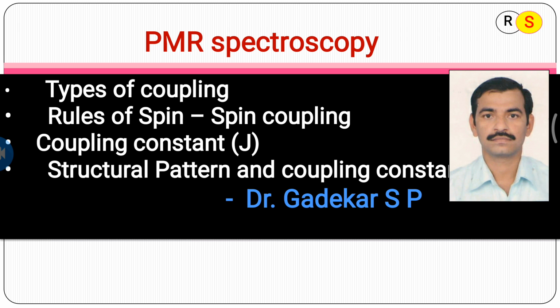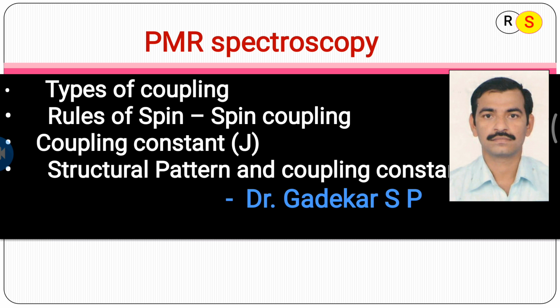With one neighboring group, the splitting pattern is a doublet. If two neighboring groups are present, the splitting pattern is a triplet. If three neighboring groups are present, it forms a quartet, split into 4.